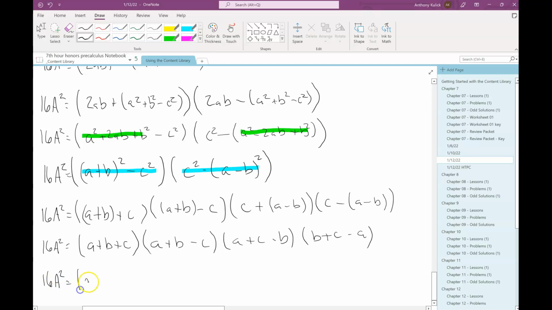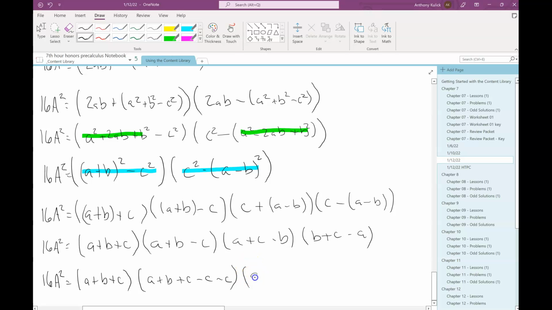What I'm going to do now, the first parenthesis, I'm not going to do anything to. In the second parenthesis, I'm going to add in a c and then subtract a c right after that, which is equivalent to doing nothing. If I add c and then subtract c right after it, I haven't done anything.